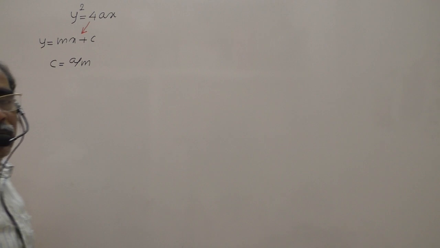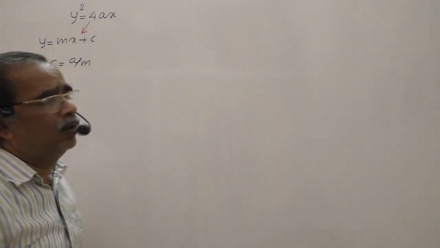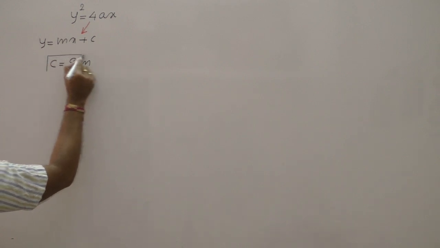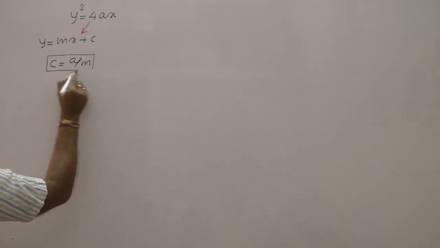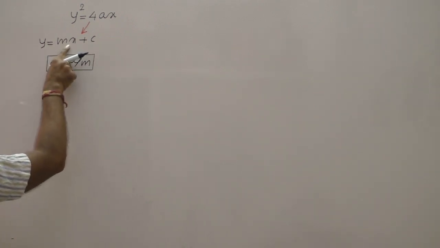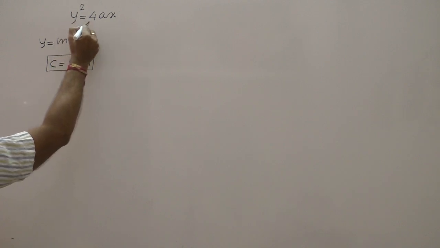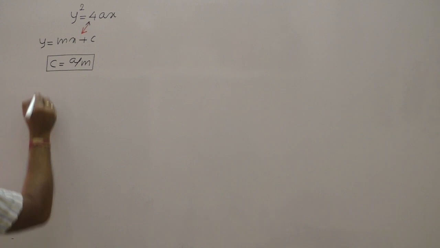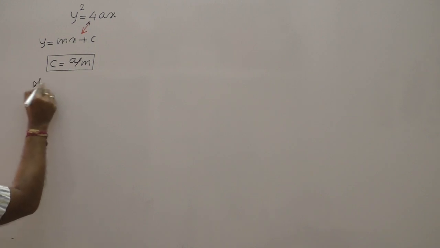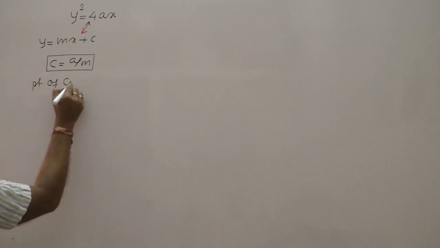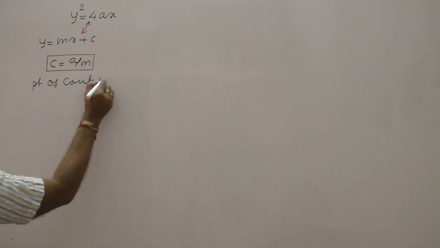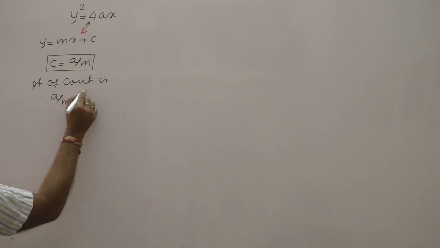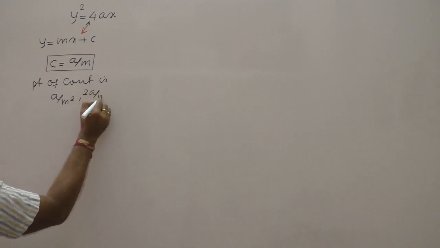Just now we have discussed this. This is the condition for tangency, and the point of contact is a by m square comma 2a by m.